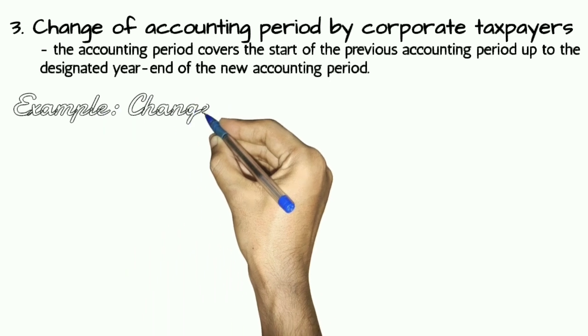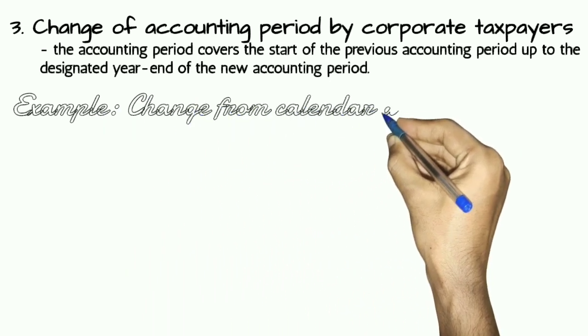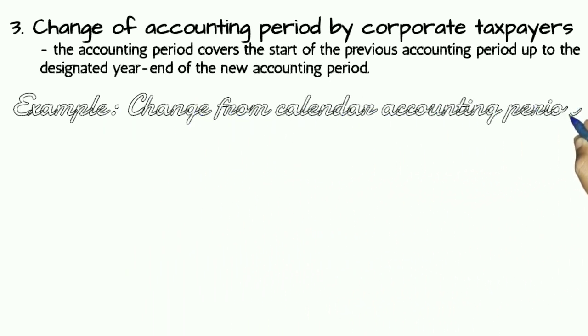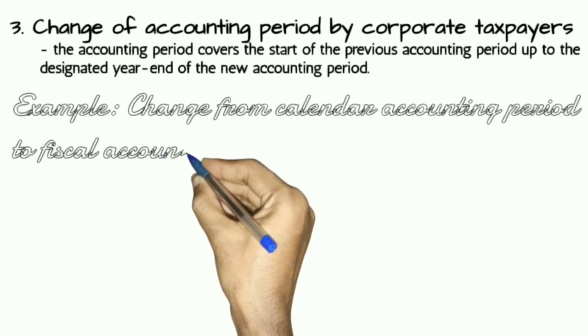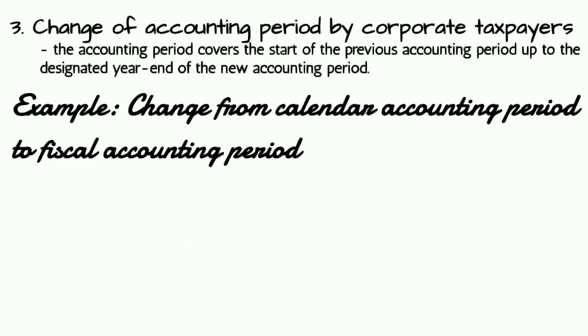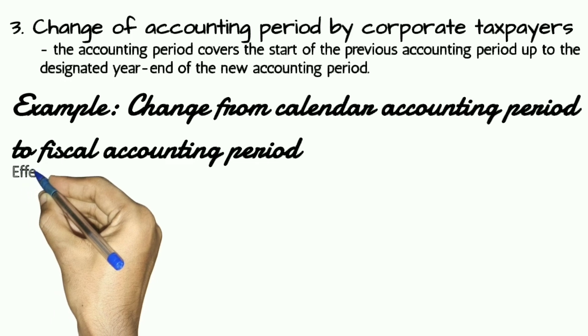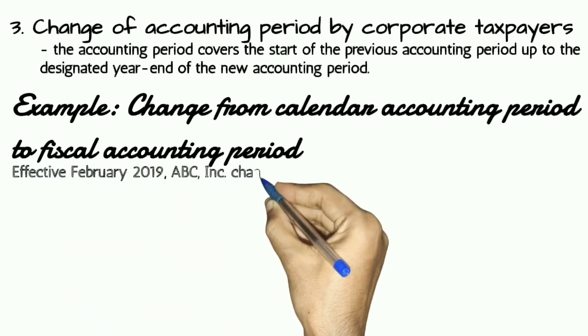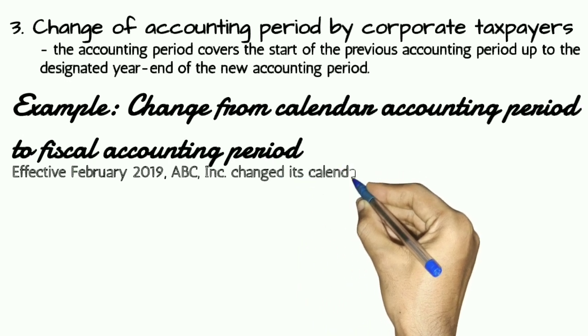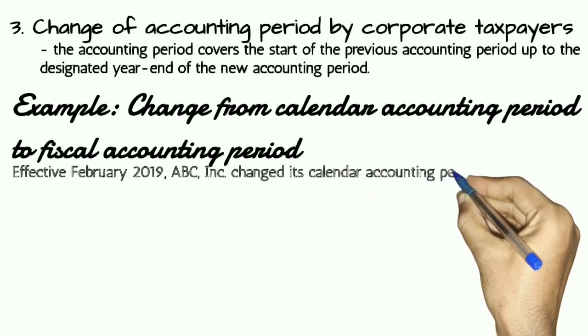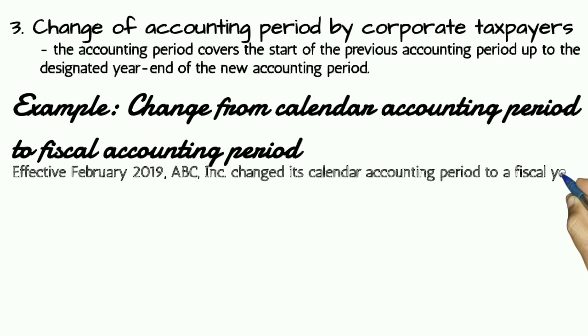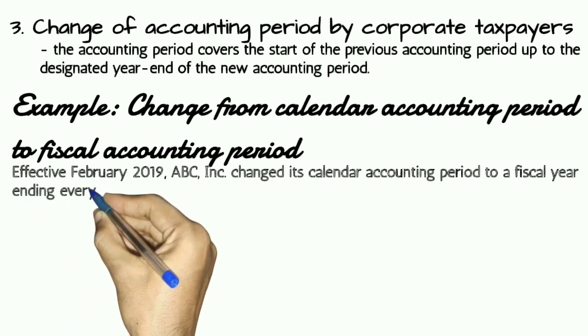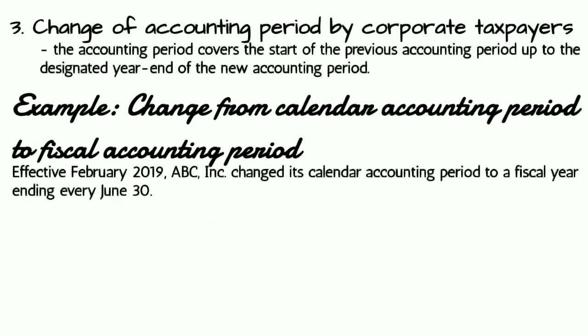Example number 1, change from calendar accounting period to fiscal accounting period. Effective February 2019, ABC Incorporated changed its calendar accounting period to a fiscal year ending every June 30.